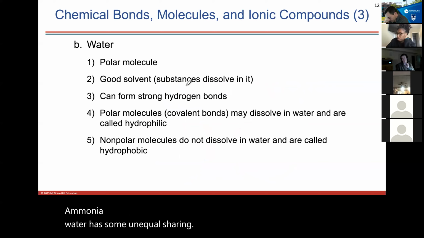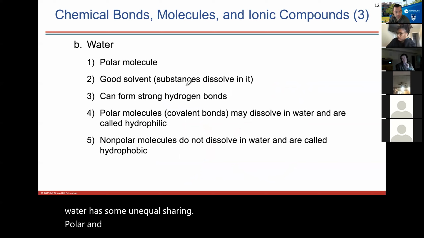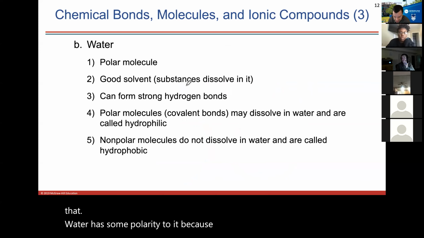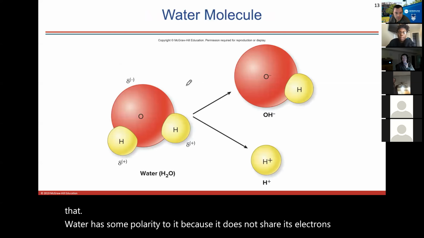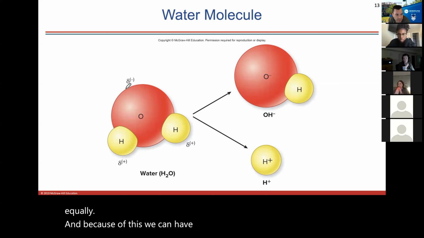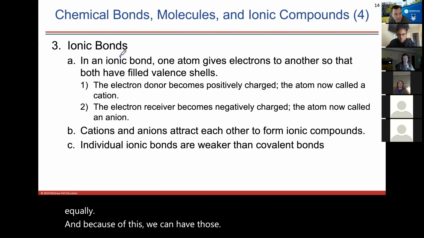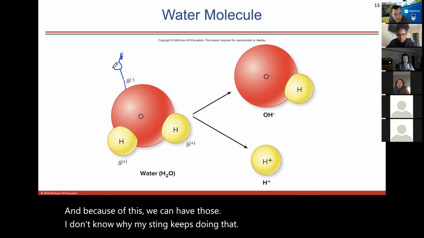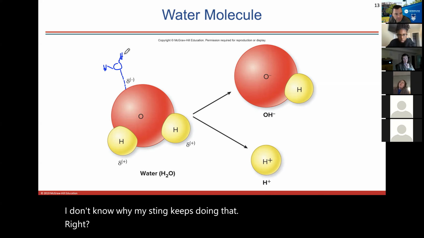You have polar and nonpolar covalent bonds. Hopefully, I'm sure you all remember that. Water has some polarity to it because it does not share its electrons equally. And because of this, we can have those. I don't know why my thing keeps doing that. Right? Or I'm sorry.